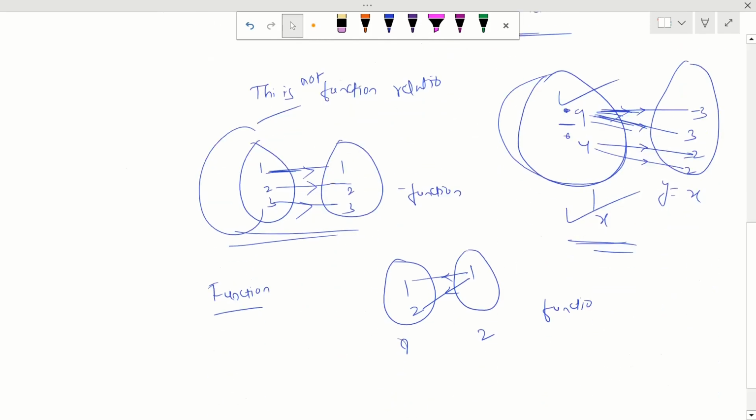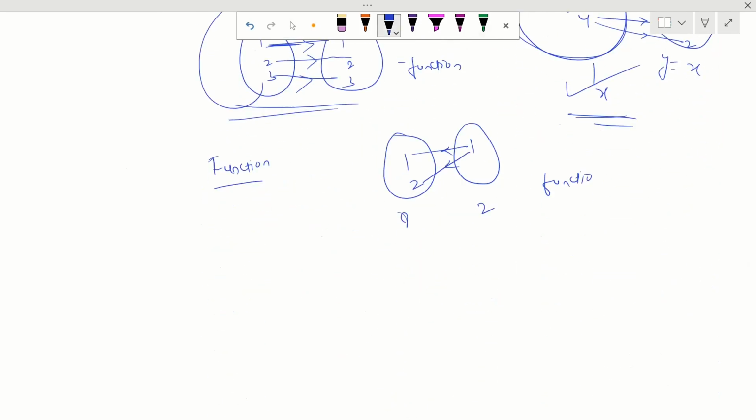Now, what is the proper definition of a function?